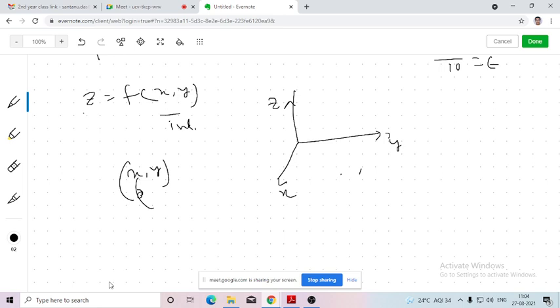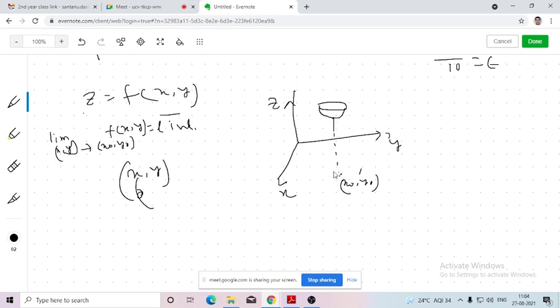Let's say we need to find the limit, and this is equal to L. So say this is the point (x0, y0) and the graph will be like this, so this is the point where we need the limit.